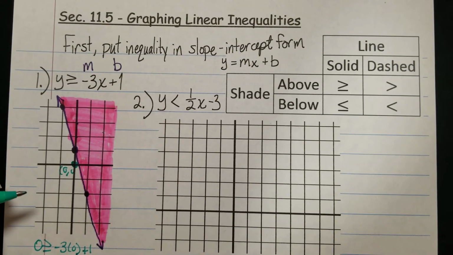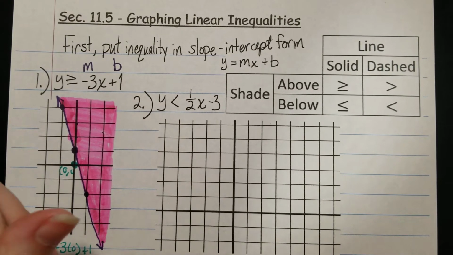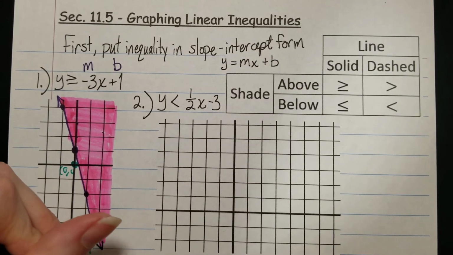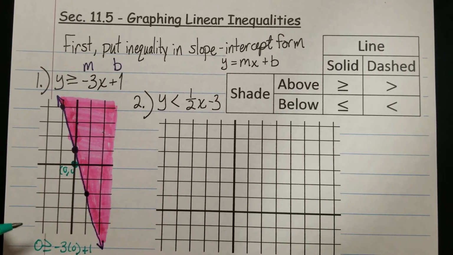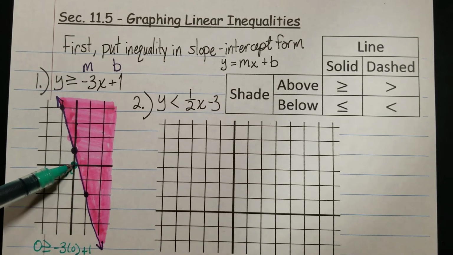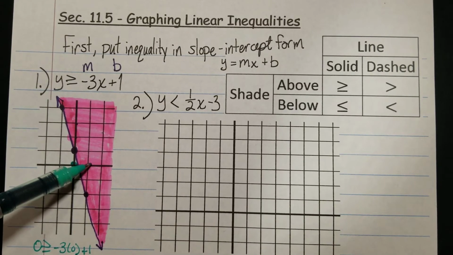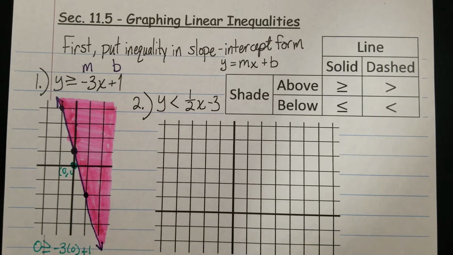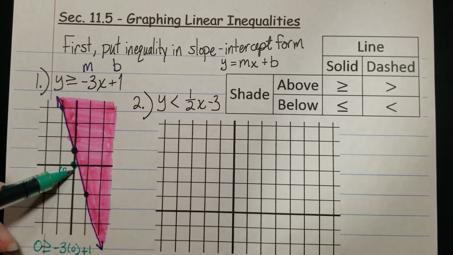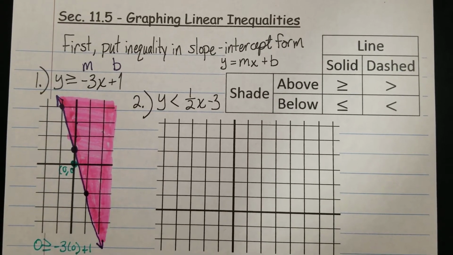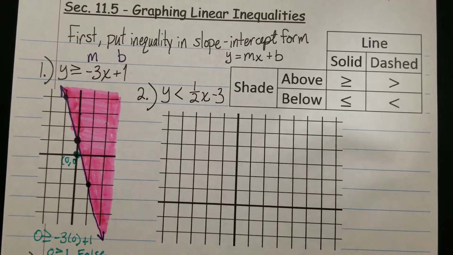All right, so is that true or false? Well, obviously that's false. So that means do not shade the side of the line that contains that point. Instead, shade the opposite side, which is what we already did. But that's just another way of figuring out which side you need to shade.